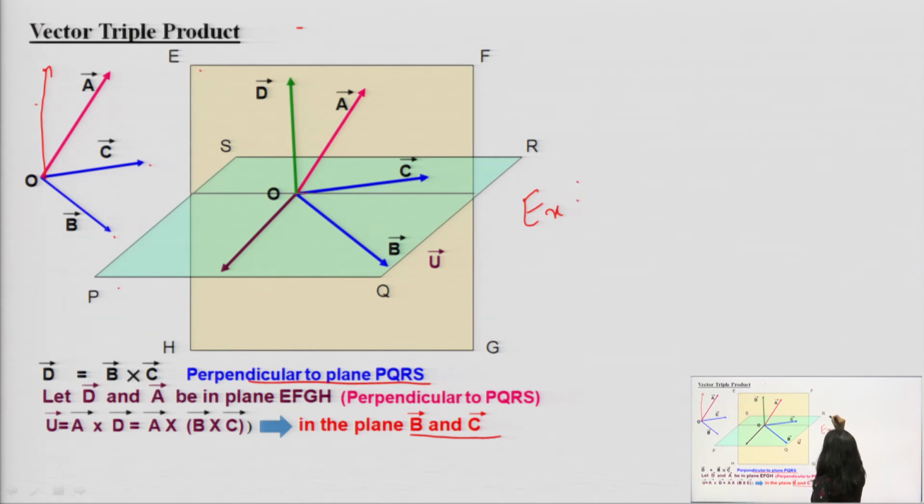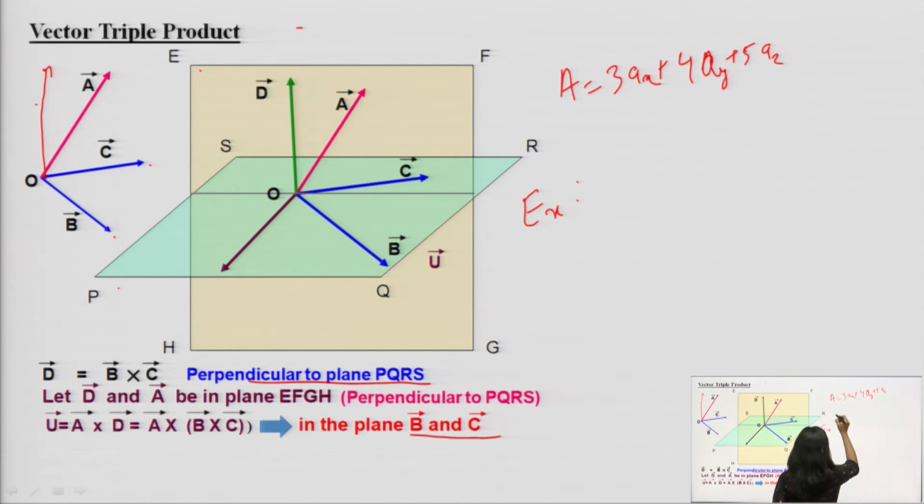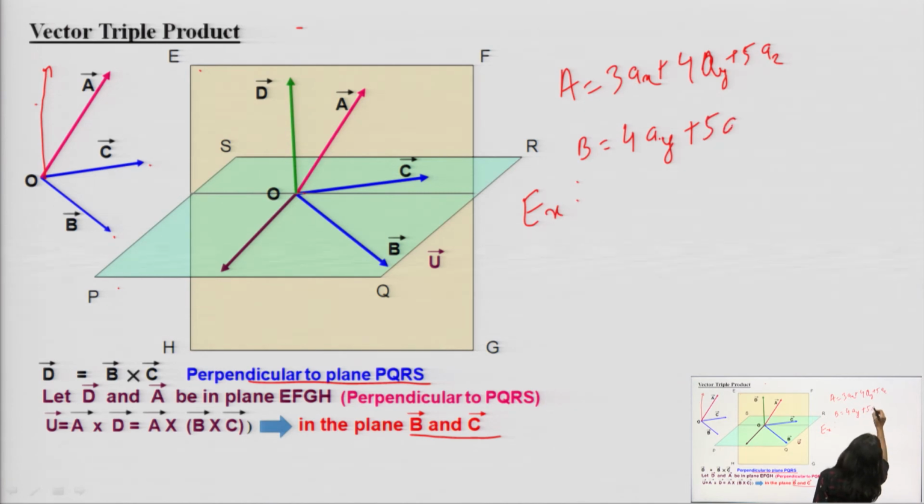Suppose there are two vectors. Vector A is given as 3ax plus 4ay plus 5az, and vector B is given as 4ay and 5az.